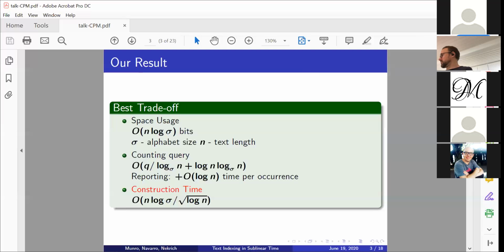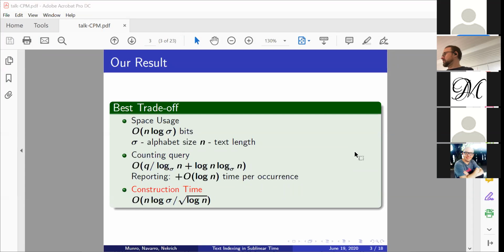In this talk, I will discuss just one trade-off. This is a data structure that uses optimal space, asymptotically optimal space, n log sigma bits, where sigma is once again the alphabet size.